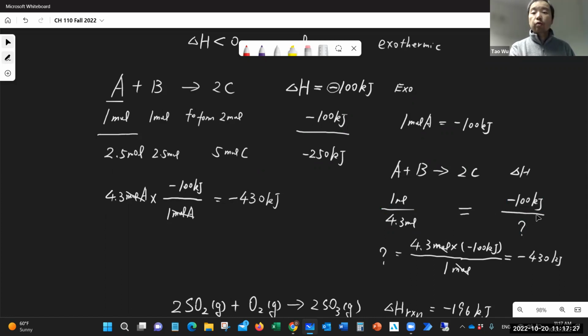You just need to figure out the question mark. This is an algebra question, so if you're good at this way, go ahead and do it this way to solve for the heat produced by 4.3 moles of A.